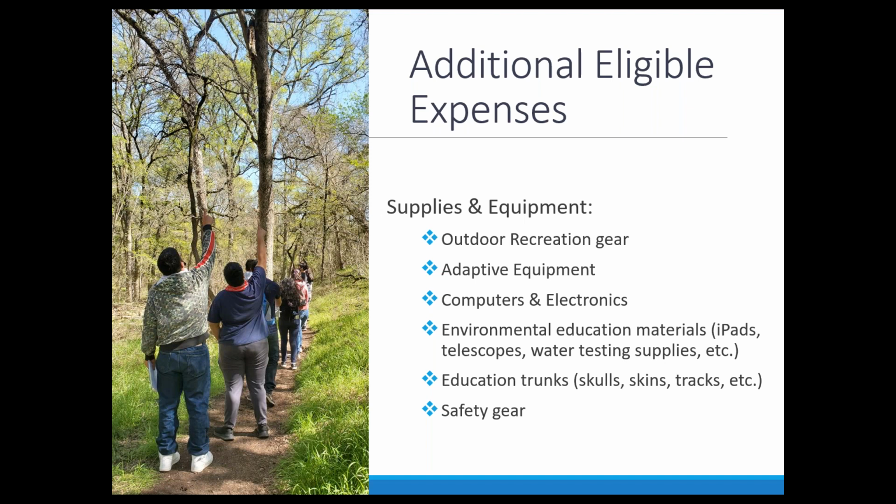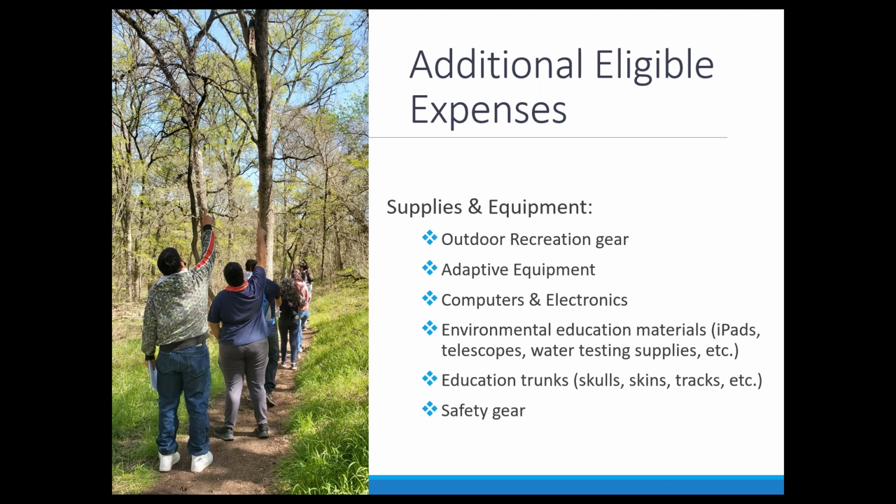Your outdoor cooking supplies, we'll pay for all of that gear. If you're working with individuals with a disability, we'll also pay for that adaptive equipment associated to those organizations. So if you need something like hand cycles or any of the additional supporting things for hunting and shooting sports or archery, we'll pay for all of that adaptive equipment. I know some of that can get really pricey.